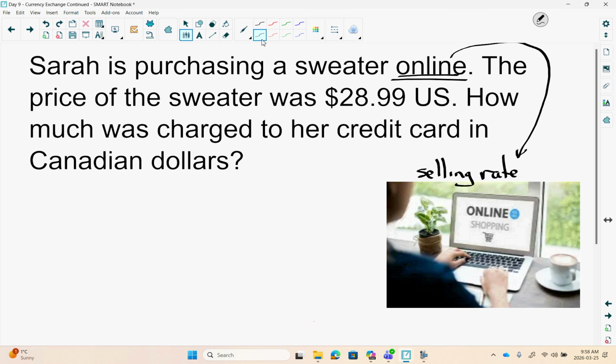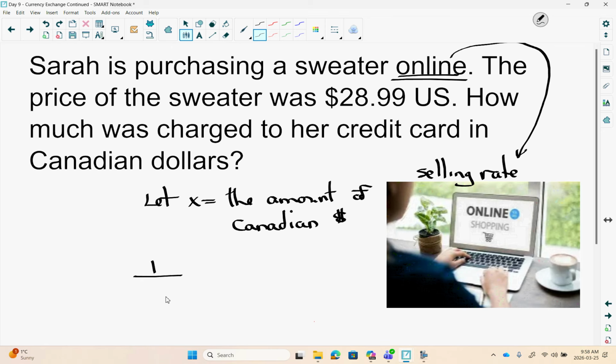So I'll do the question the same way I always did. I'll say let X equal the amount of Canadian dollars. So what's being charged to her credit card? But this time, instead of going 1 over the buying rate, I'm saying 1 over the selling rate.